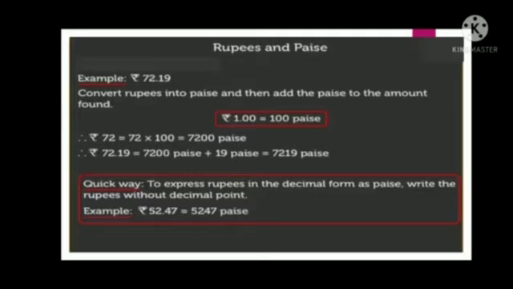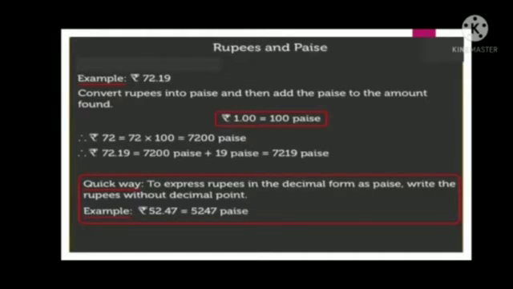So for converting, first we will multiply the number of rupees into 100. And before doing that, I would like to tell you that the number written before dot is considered as rupees and the number written after dot is considered as paise. So we will multiply 72 by 100 and will get 7200 paise.